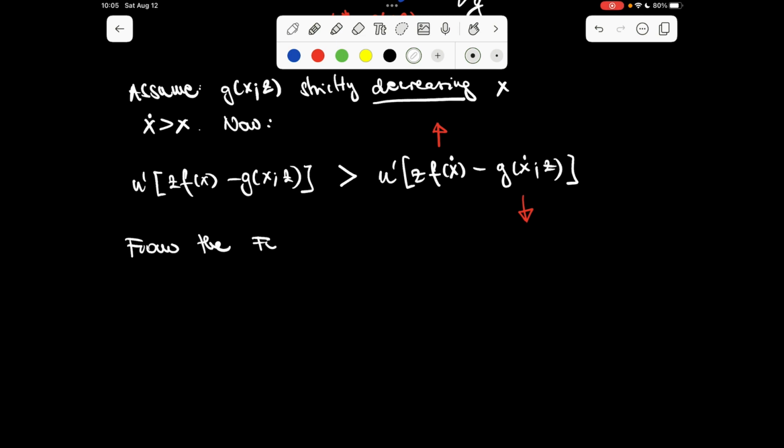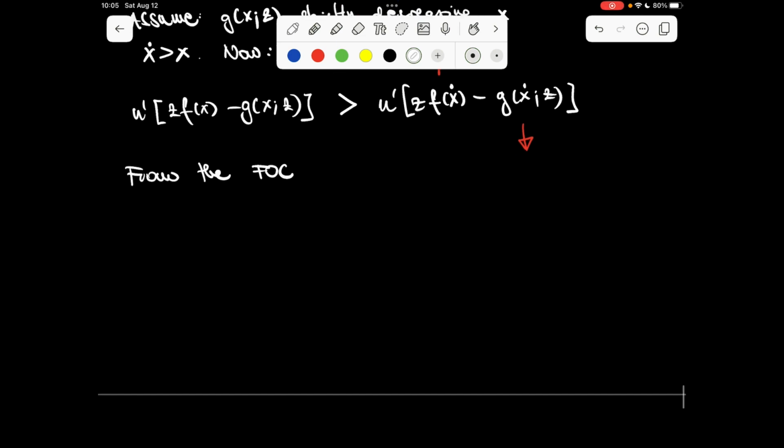From the first order condition, it follows that, using this relation, we can say that it is equal to the value function.